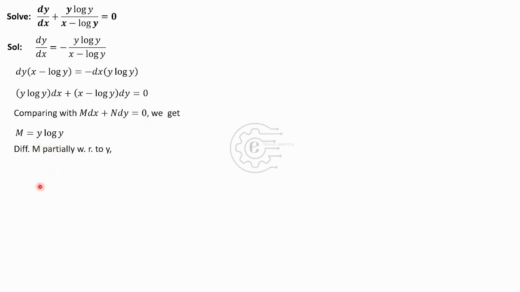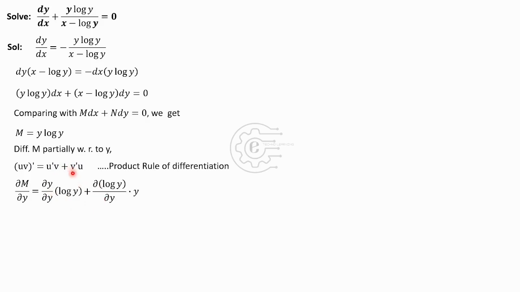Therefore here we will use the product rule of differentiation. Therefore we write del m upon del y equal to derivative of first term, that is del upon del y of y into second term as it is, that is log y, plus derivative of second term, that is del upon del y of log y into first term as it is, that is y.